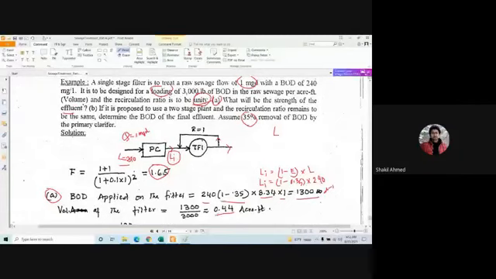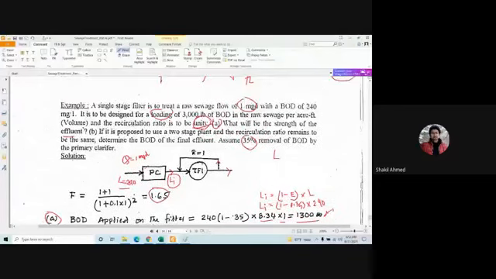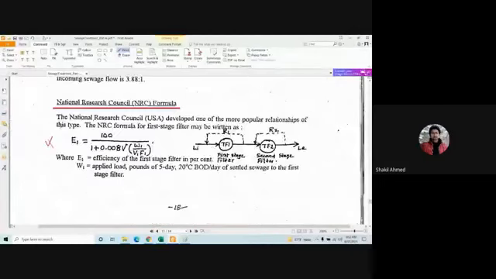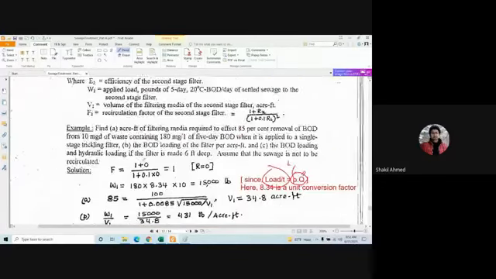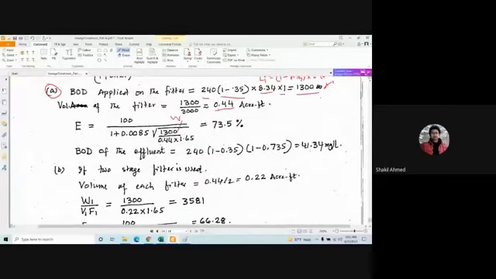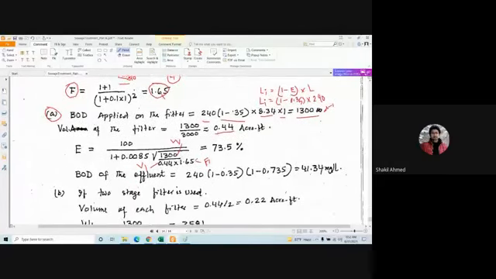Now, what will be the strength of the effluent? To know the strength of the effluent, you need to know the efficiency. So let's go back to the formula here. E1 is a function of W1, V1 and F1. You just calculated F1, 1.65. Volume V1, you just calculated, 0.44.